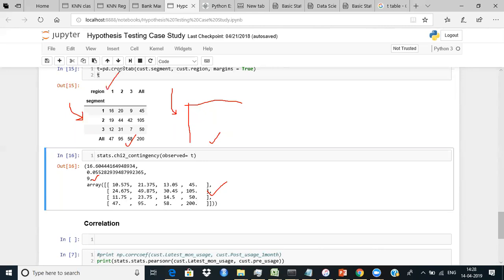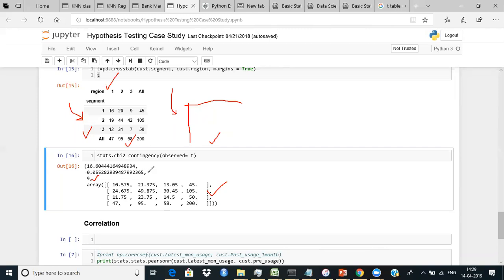Region can take 3 values. Segment can take 3 values. Imagine these 3 are independent variables and these 3 are also independent variables. Is there any restriction that I have placed in terms of values that I want to see here? No. So the degrees of freedom is 3 into 3, 9.